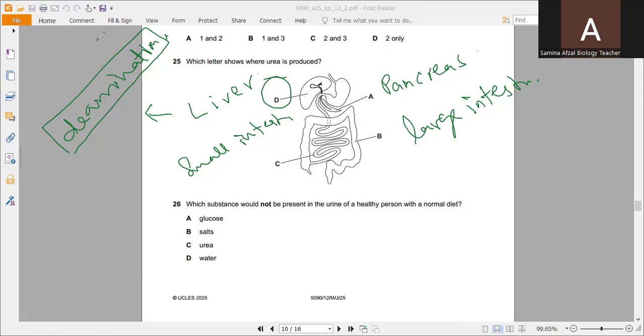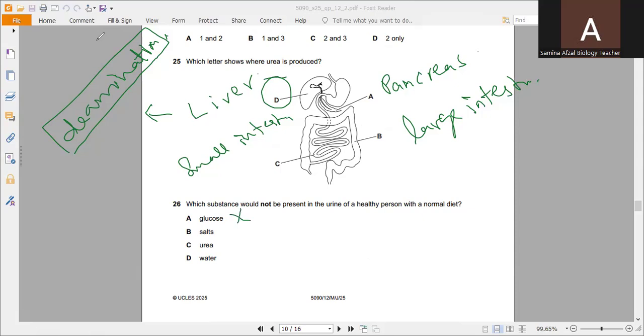Which substance would not be present in the urine of a healthy person with a normal diet? A healthy person with a normal diet will not have glucose.